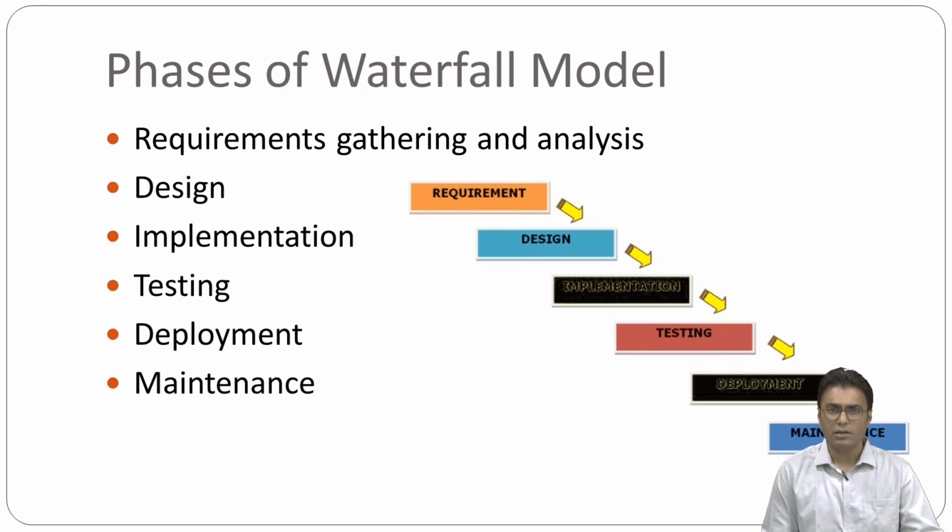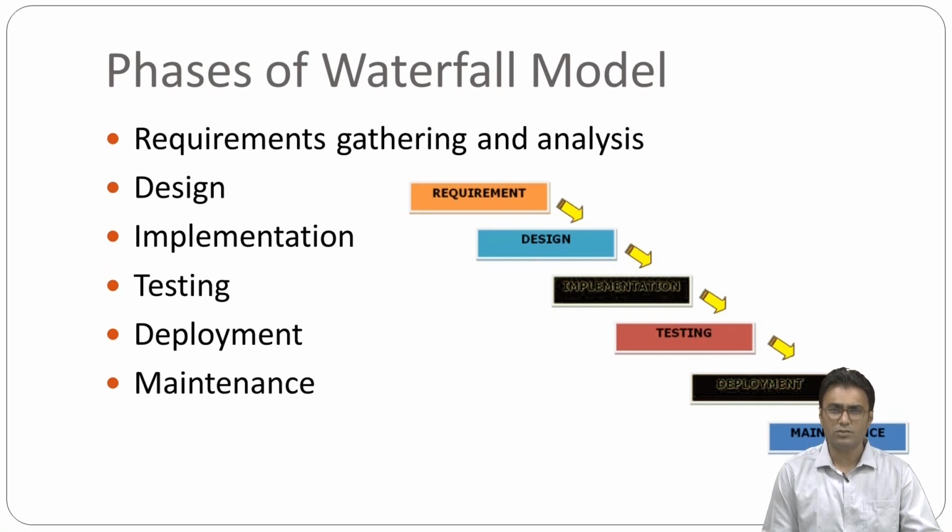Now the classical waterfall model divides the life cycle into a set of phases. This model considers that one phase can be started after the completion of the previous phase. That is, the output of one phase will be the input to the next phase. Thus, the development process can be considered as a sequential flow in the waterfall model.